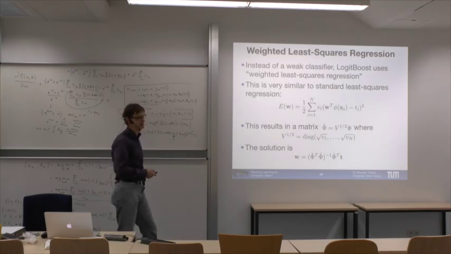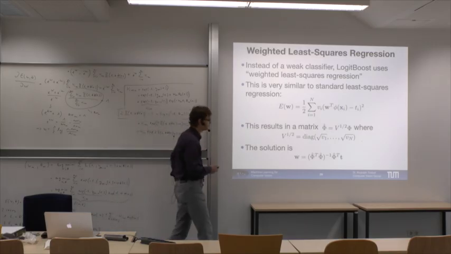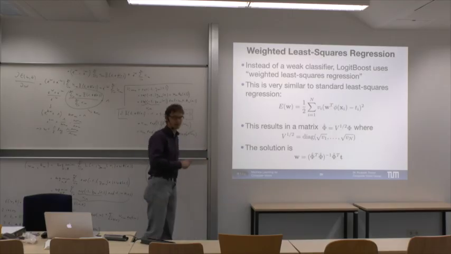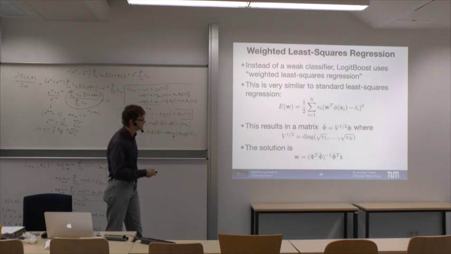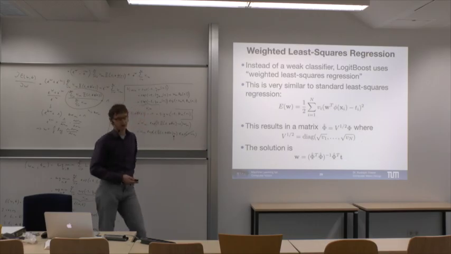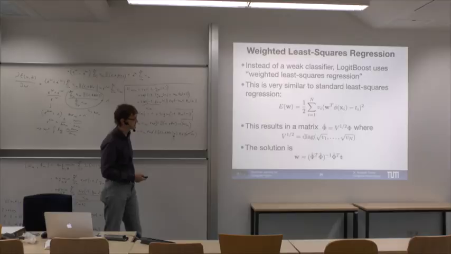This means the weights should not be negative, of course. So if you have positive weights, we can compute this diagonal matrix, multiply it with our phi matrix, and we have phi hat. Then everything is the same as before. We just compute the pseudo inverse, and we get our model parameters.